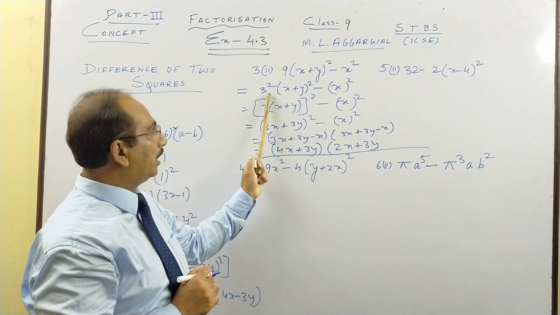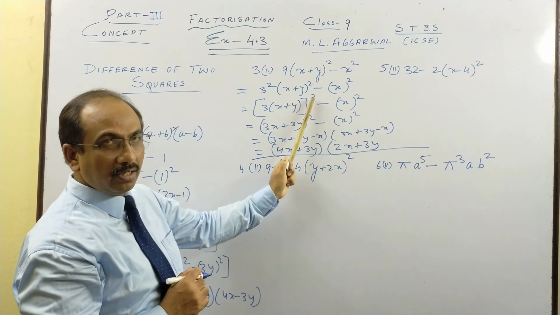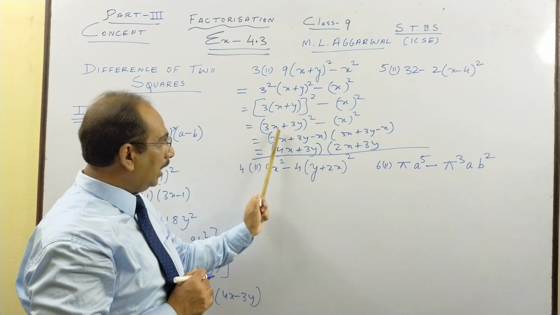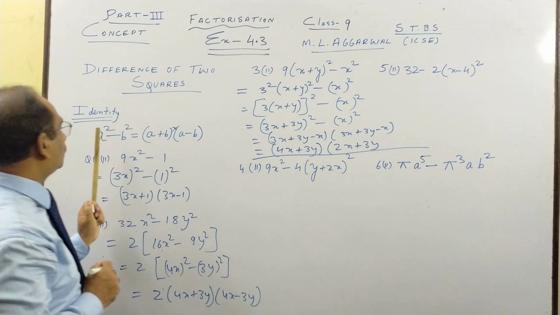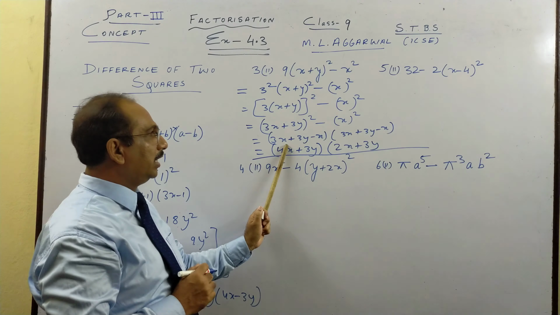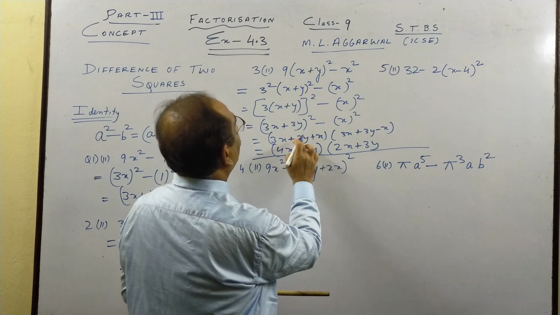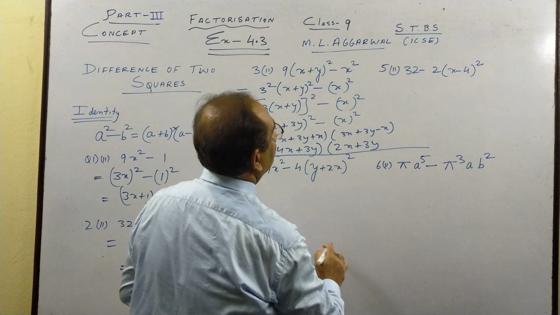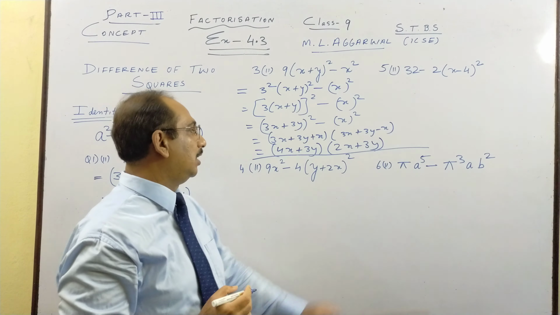Once more, take out, write 9 as 3 square, put it inside a common square, multiply inside, and then once we get in this format, our basic idea in any question is to come to this. Something square minus something square. First thing plus second thing, first thing minus second thing. Then x and x are like terms.